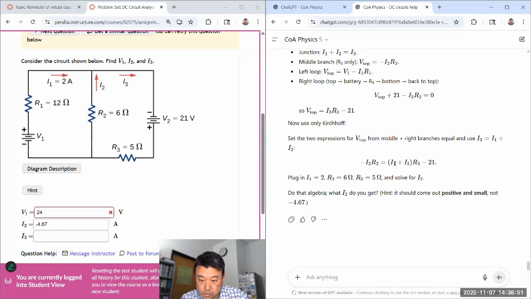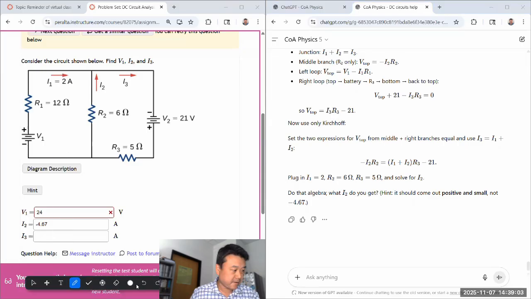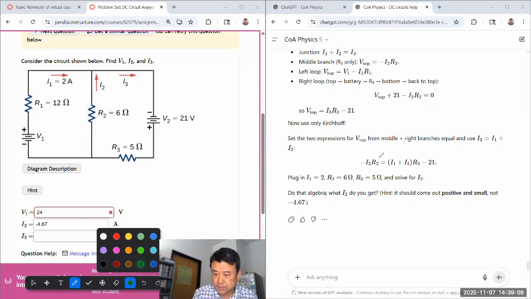Plugging in I1 of 2 and R2 of 6. Let me not do this in my head and confuse myself. I'll do the algebra here on screen, and then plug in the numbers, and with those corrections it should now get the correct number.